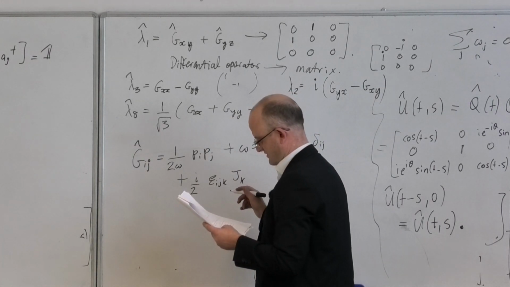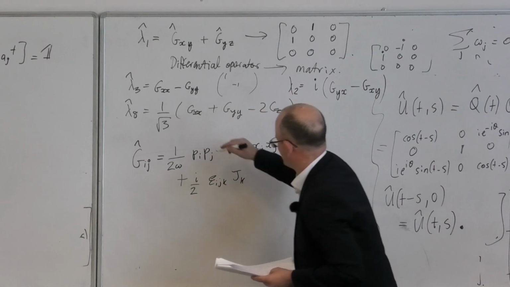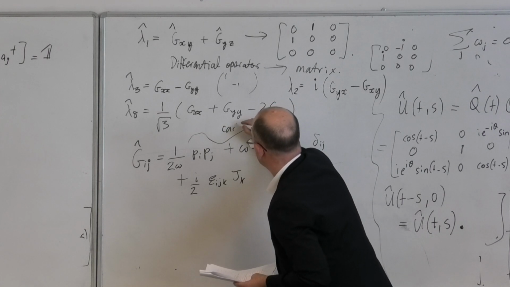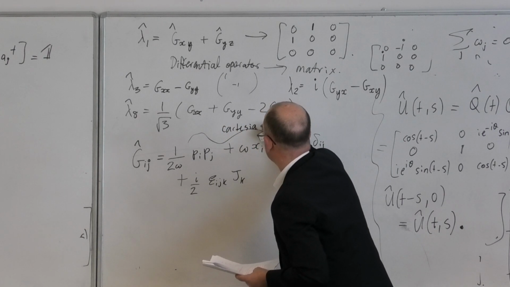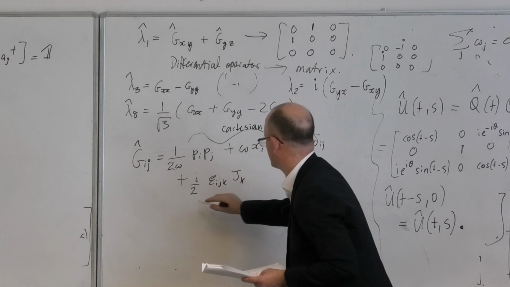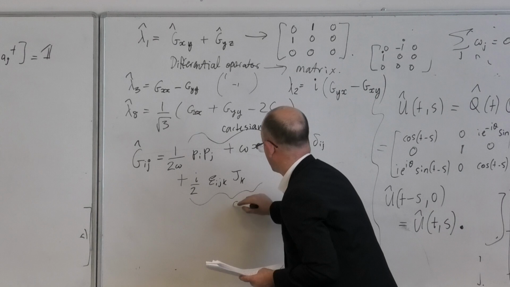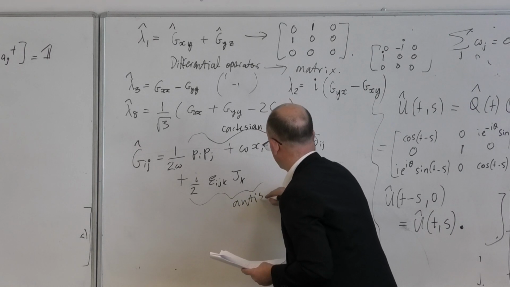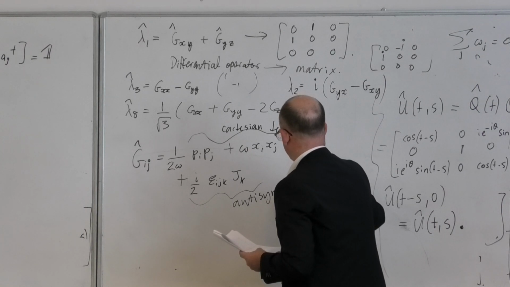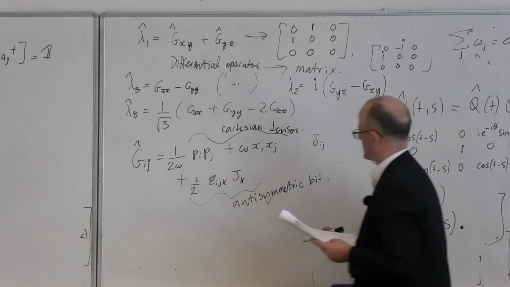Yeah. So basically what this is, this is a Cartesian tensor. That's the first part of it, and then we have this anti-symmetric bit.